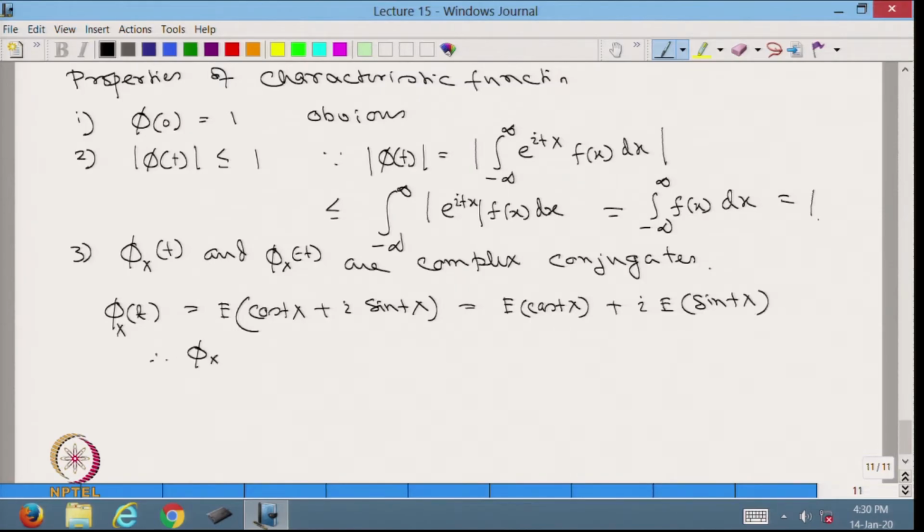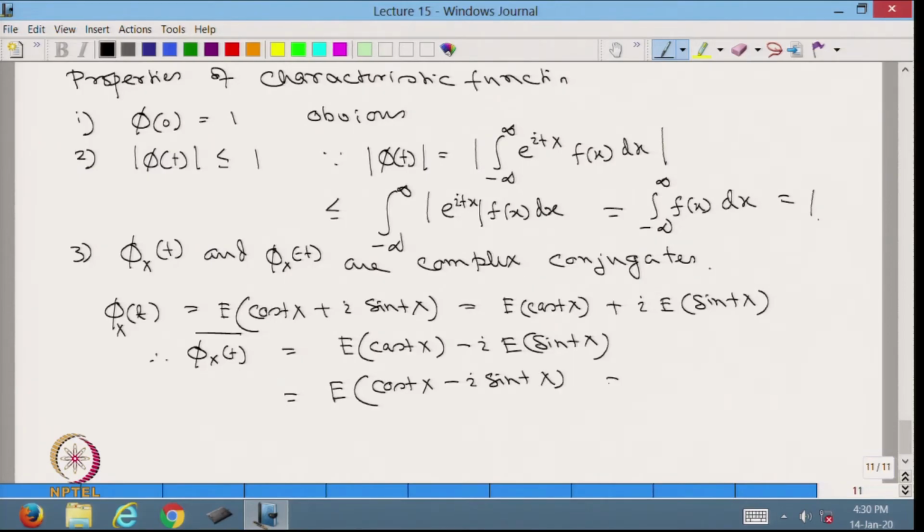Therefore, the conjugate of phi x at t is equal to expected value of cos t x minus I expected value of sin t x, which is equal to expected value of cos t x minus I sin t x, which is equal to expected value of e to the power minus I t x, which is equal to phi x at minus t. Thus, we get the result.